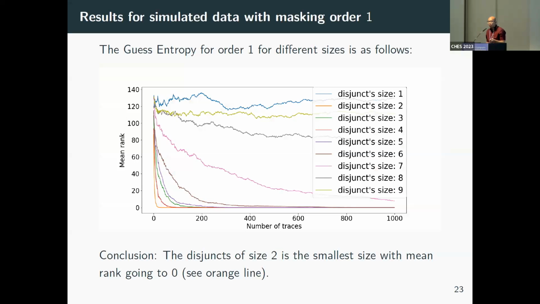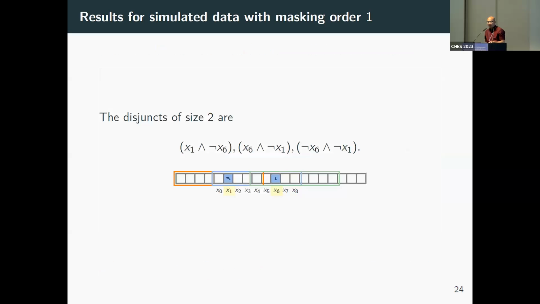So we use our heuristic and we see, based on the size, that indeed the smallest size we got is size 2, with the min rank going down to 0, which is the orange line over here. Then what are these disjuncts inside? We see that they are of this form, X1 and indeed X6. So we want to make sure that they really use X1 and X6.